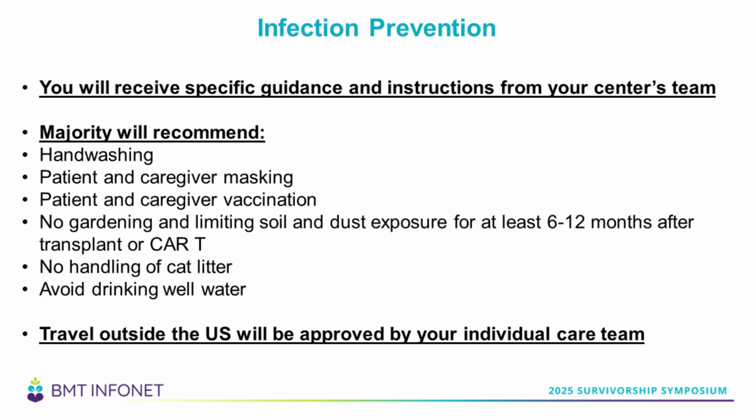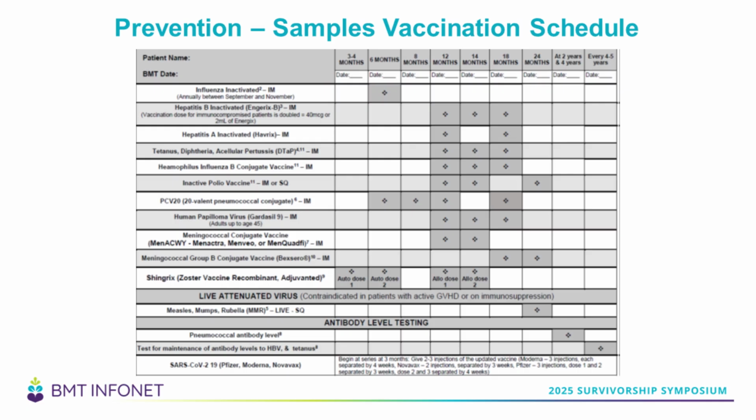For those patients who want to travel outside of the U.S., this will generally be approved by your individual care team. And many factors go into a patient being approved to travel abroad, which can be actually a little bit more complex depending on any complications you might have after CAR T or transplant.